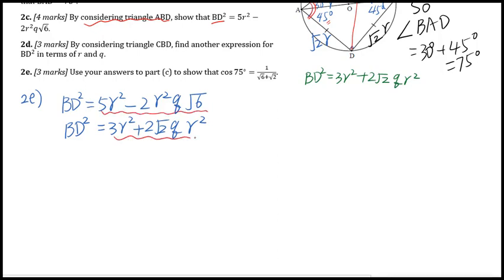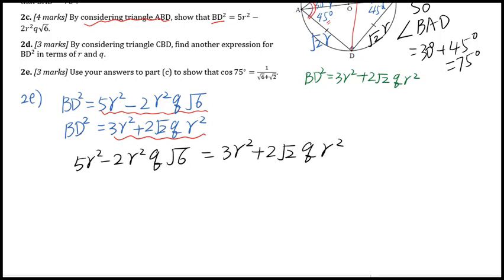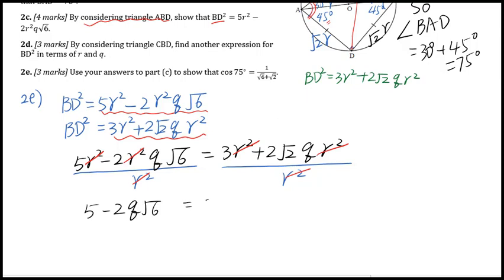We will set up an equation like this. Both sides I can divide by R squared. Then we can reduce R squared. Then we organize. You will get 5 minus 2q square root of 6 equals 3 plus 2 square root of 2q. We will figure out the q because we know q equals cosine 75 degrees.